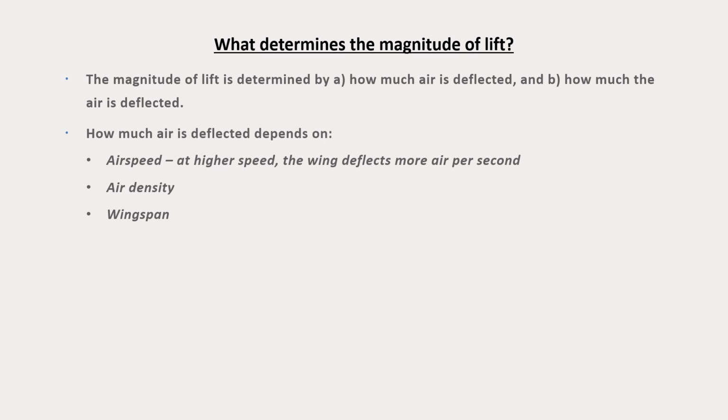If we're moving slow, it'll be a short tube. The width of that tube is largely based on our wingspan. If we have long wings, then we influence a wide tube of air. So those things influence the volume of air that we're influencing, and the air density will relate that volume to the mass of air that we are influencing.